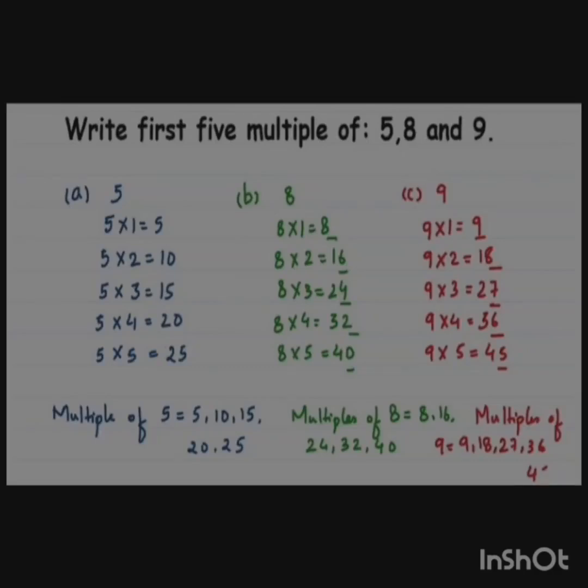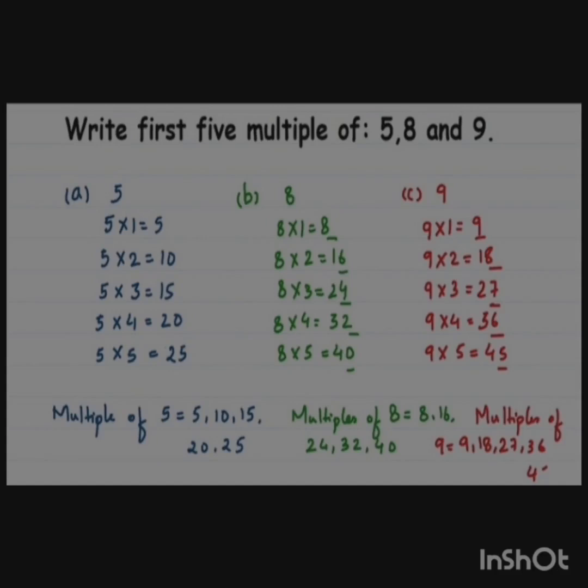By now you should be able to find the first five multiples of a particular number. Now let's take a look at the first 5 multiples of 5, 8, and 9. For 5, we have 5 times 1 is 5, 5 times 2 is 10, 5 times 3 is 15, 5 times 4 is 20, 5 times 5 is 25.